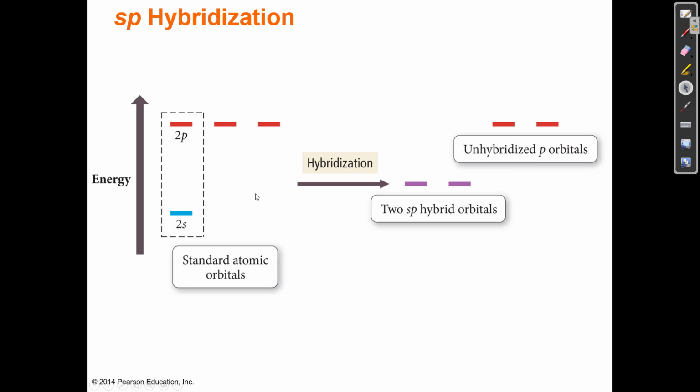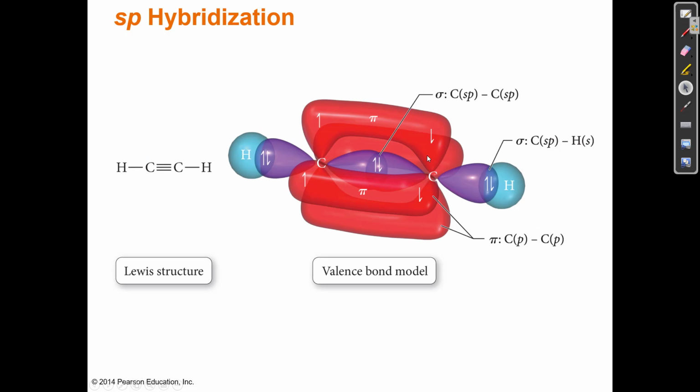With sp, I'm just mixing 1 s and 1 p. When I mix them together, I get 2 hybrid orbitals that are halfway in between the s and the p orbitals that I mixed. And I left these 2 unhybridized, so they remain over here, higher energy. So in an sp geometry, I have 2 sp hybrid orbitals and 2 unhybridized p orbitals. This is what that structure would look like.